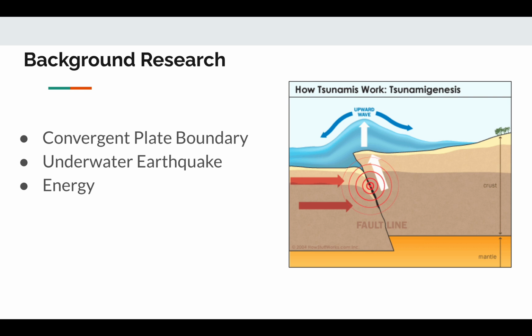Earthquakes occur at or near convergent plate boundaries, but not all earthquakes cause a tsunami. Now, students, I'm going to pause here so that you know that you will need to include this type of information on your own slides, and you fill in the blanks for the information that I left, including how energy is related to tsunamis.